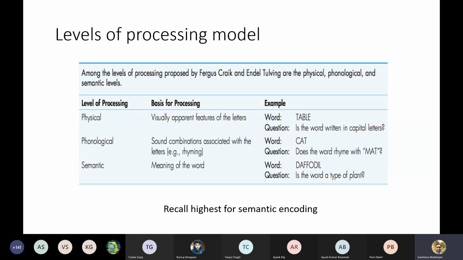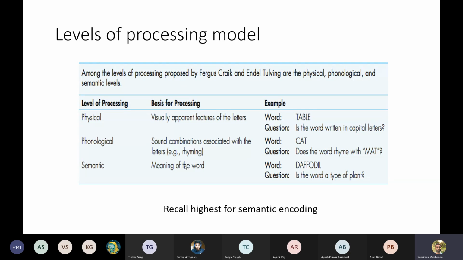You can't do it from a very superficial physical level of processing, but you can do a lot through phonological. In fact, even if you don't understand the meanings of certain things, or how they relate to other things in the world, remember that we talked about a semantic network in the brain where every concept is connected with every other concept. The same semantic network comes back here as the semantic level of processing. Semantic is meaning.